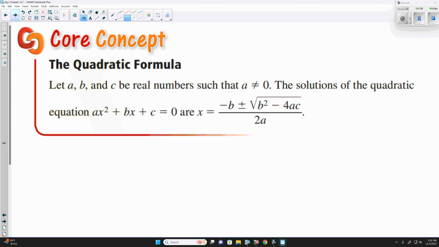Now the quadratic formula is this right here. x is equal to negative b plus or minus the square root of b squared minus 4ac, all over 2a. And all we got to do is plug in the values of a, b, and c.